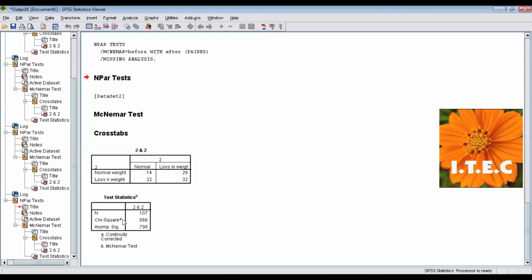So here your chi-square value is 0.006 and it is not significant. Do you want a significant value? Now just see here, it is loss in weight. It's the same. If you want, you can try again.